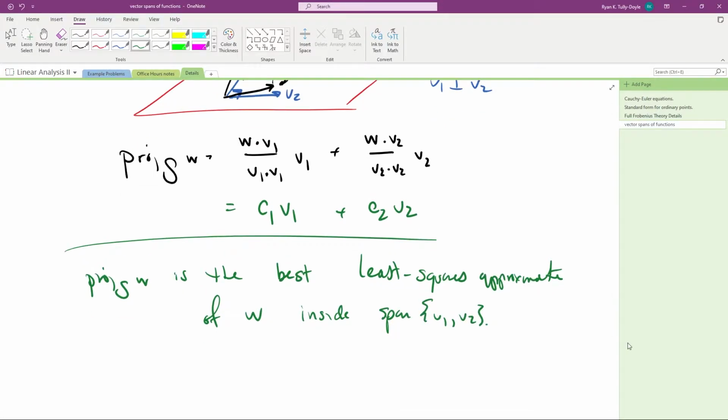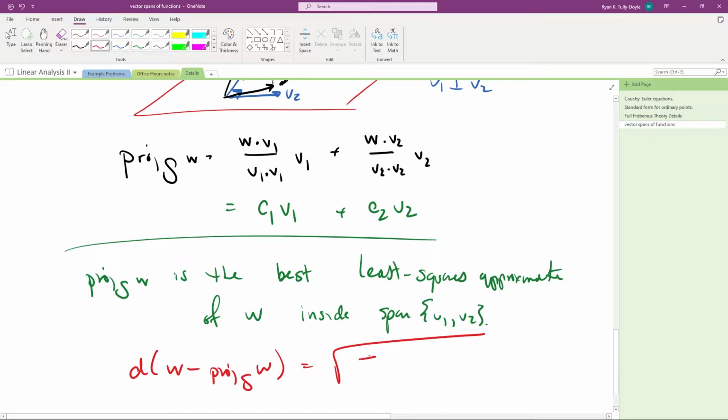And the reason we say least squares is because the distance formula in R3, or any Rn, is built out of taking the square root of a sum of squares. So what I mean is that the distance between w and the projection of w onto S is equal to the square root of the sum of wi minus the ith component of the projection of w onto S, I guess I should have given that vector a name, squared.